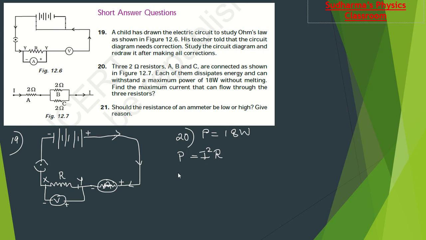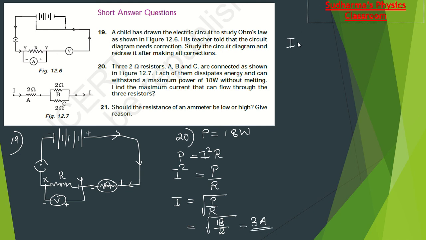So from this equation I can write I square is equal to P divided by R, or I is equal to square root of P divided by R. So what is that value? P is 18 and R is 2 ohm. 18 by 2 is 9, square root of 9, you will get 3 ampere.